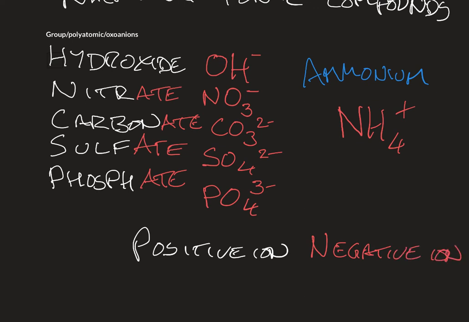If it's just a metal, then we just use the name of the metal. However, if it is ammonium, then we'll just call it ammonium something. And we're going to still use the same IDE rule for elements.